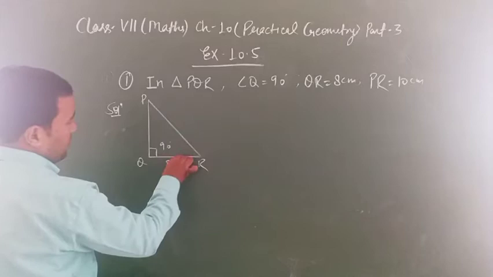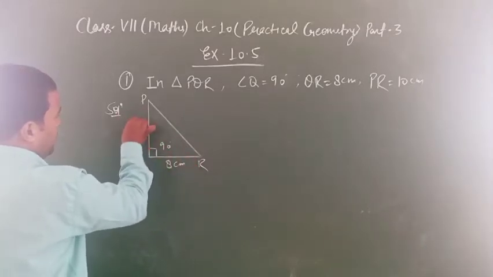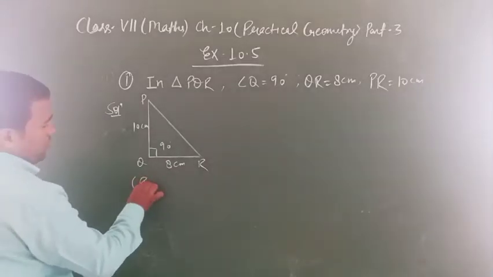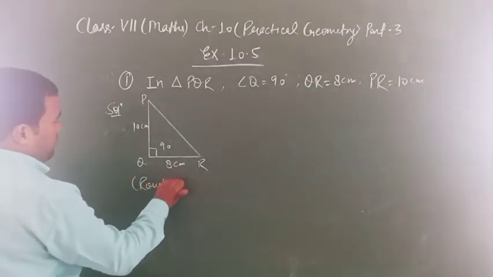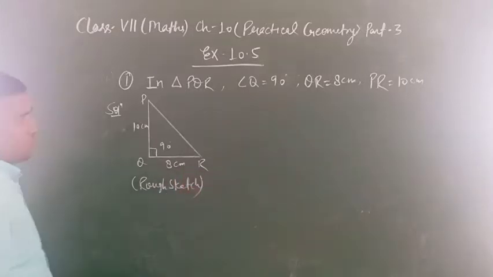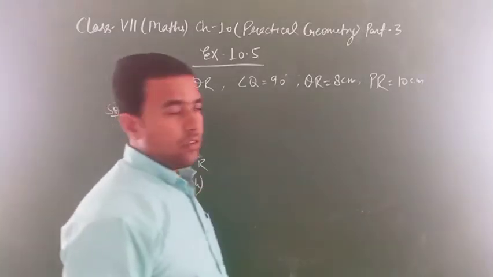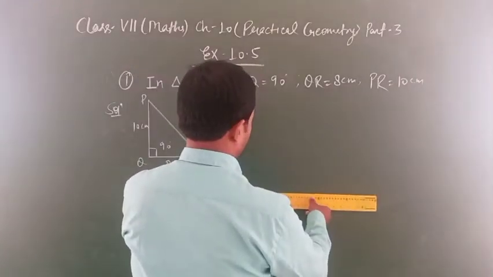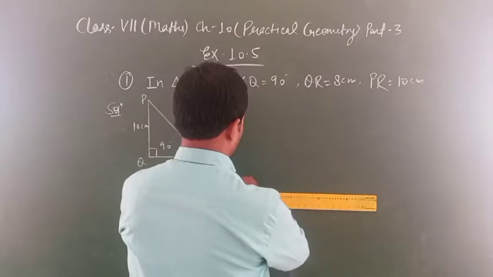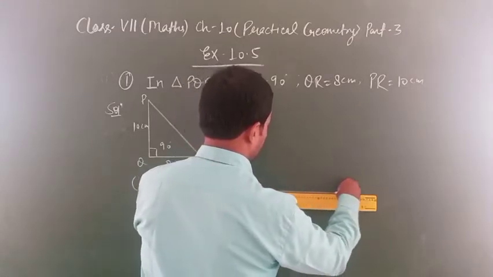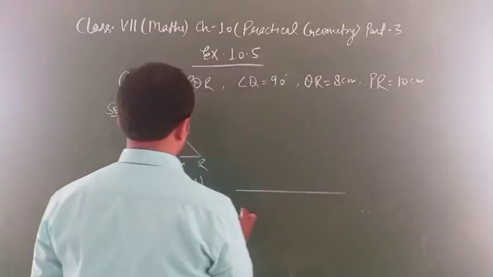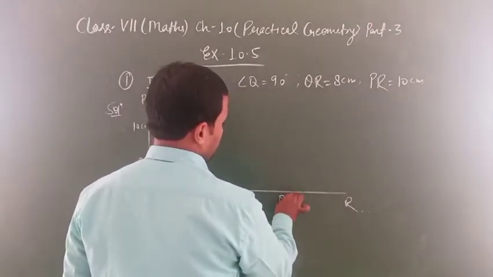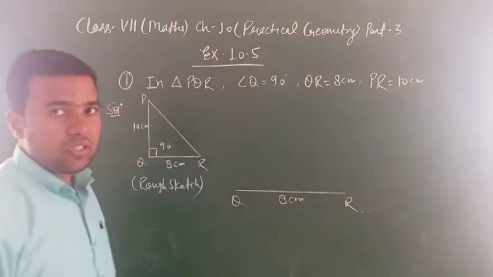QR 8, PR 10. Clear? So it is a rough sketch. Okay? So draw a line segment, what? QR. How much? 8 cm. Step of construction you can write.